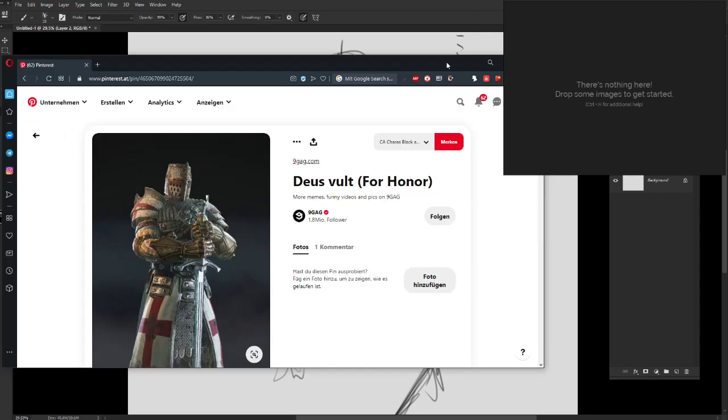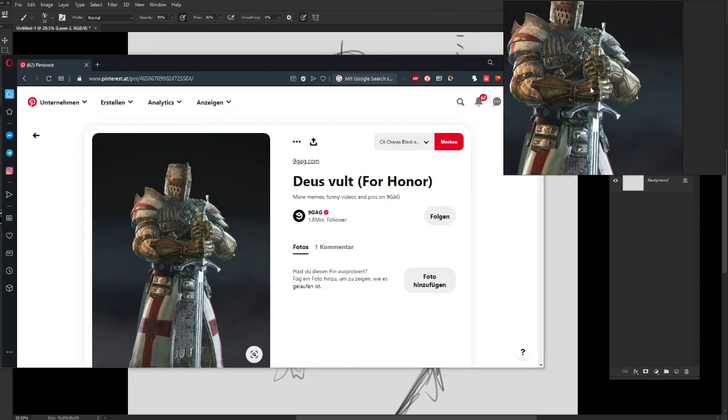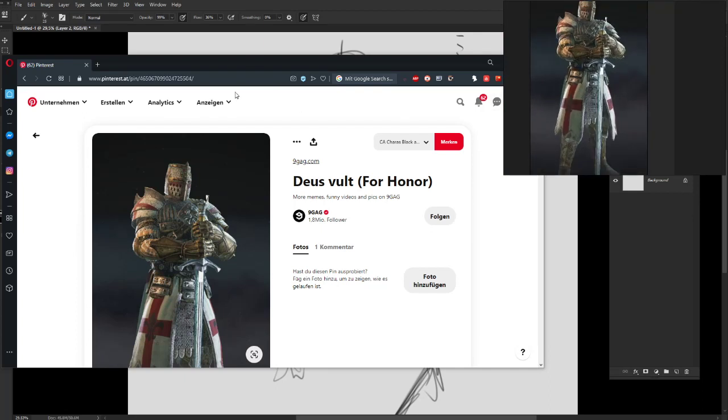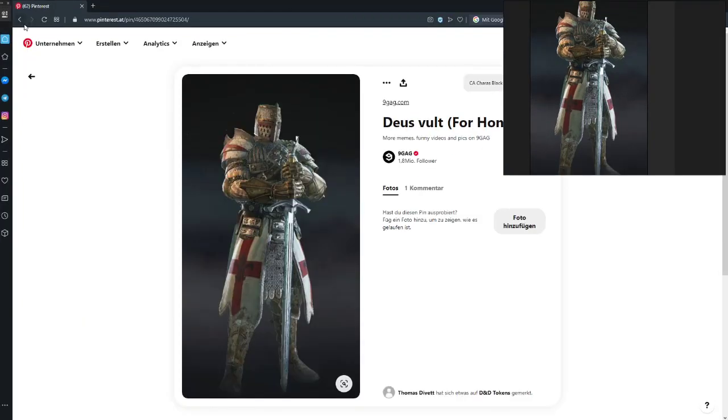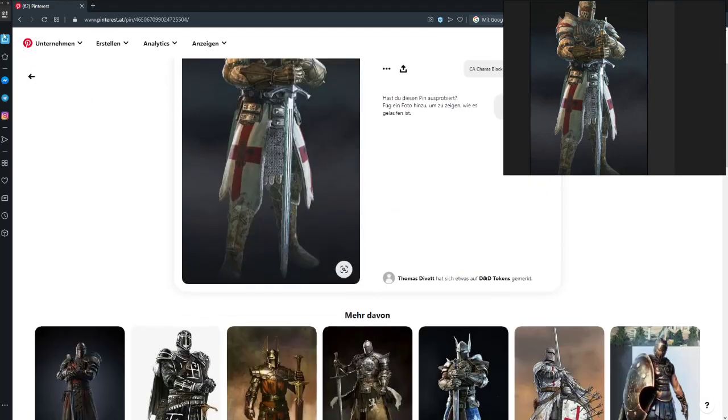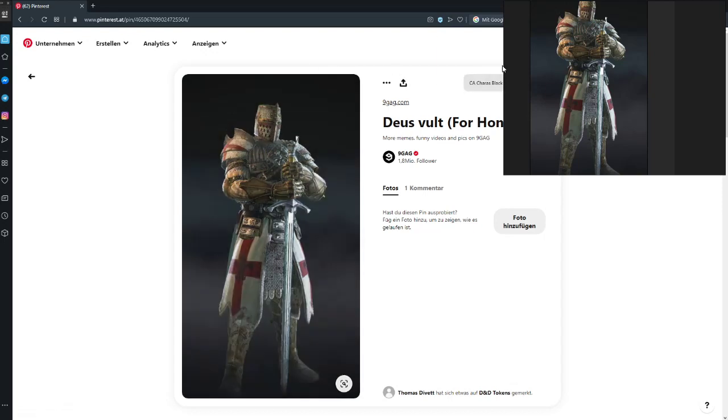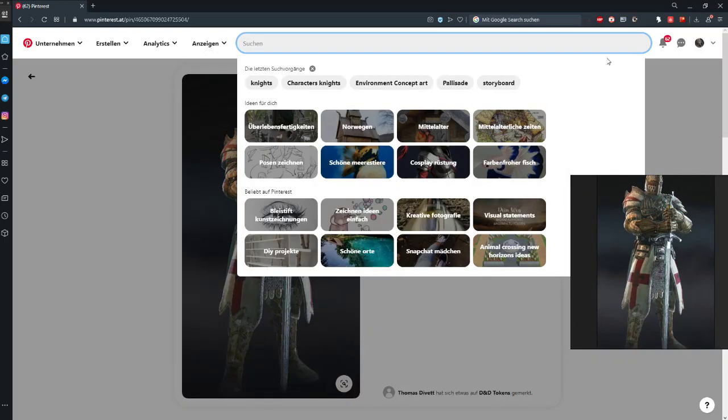It's a knight. So this one looks cool enough. Maybe we can do a crusader or fantasy. How about fantasy? But I need some helms. I like at first the shoulder and the other parts of it. Knights.